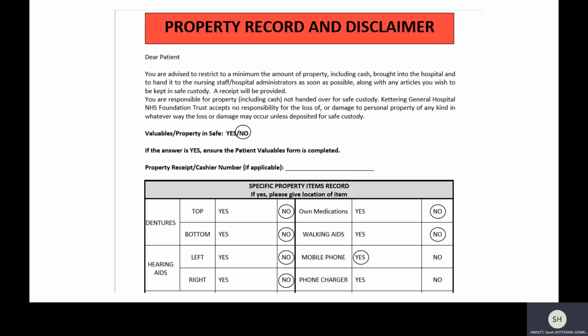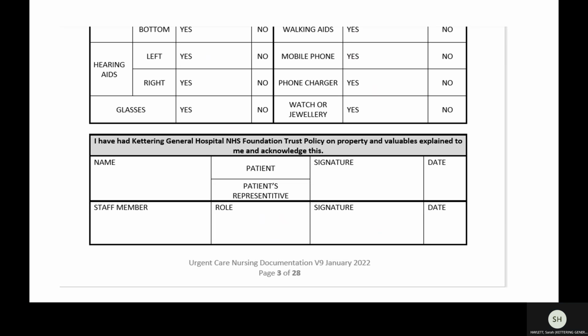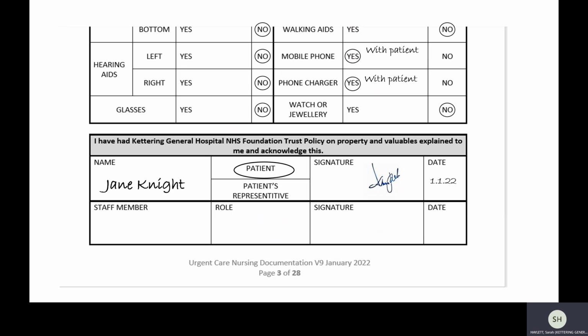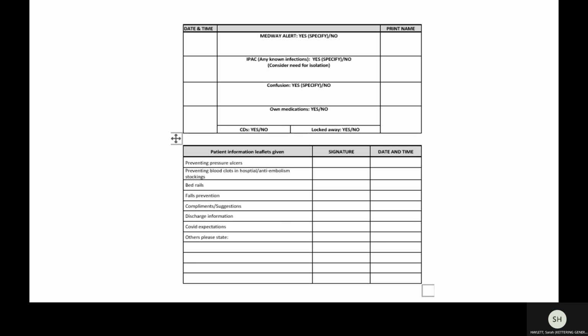She does, however, have her own mobile phone, which is with the patient, along with her phone charger. And she doesn't have any glasses or watches or jewellery. Jane must then sign to acknowledge that she understands the trust policy. And then we can also sign.